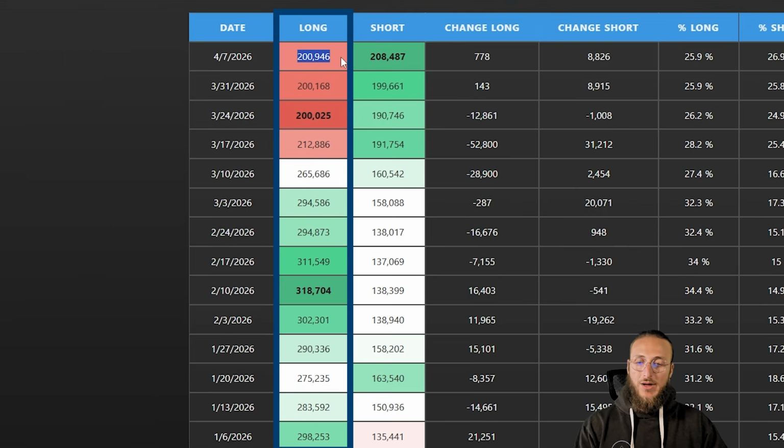If the number is going down, it means bullish exposure is being reduced. Now, on its own, this is useful, but it's not enough, because a market can have rising longs while shorts are also rising. So the first thing to understand is that longs tell you one side of the story, but not the whole picture on their own. So whenever you look at the long side, always remember: useful but incomplete.